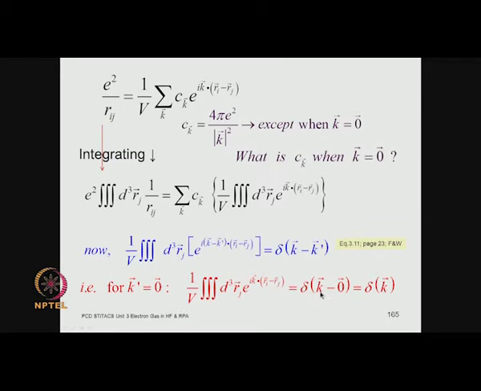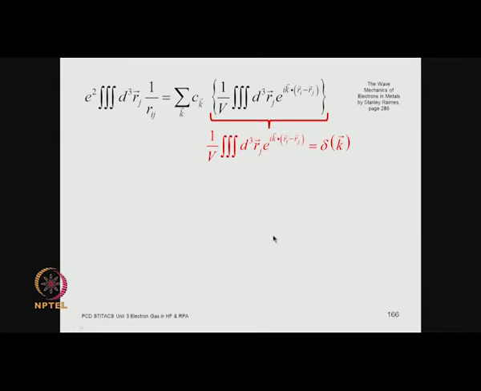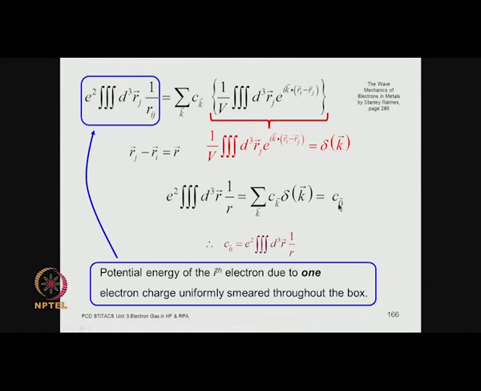So, this will be delta k minus k prime, but k prime is equal to 0. So, this becomes a delta function again, but not of k minus k prime, but delta of k, because k prime is equal to 0. So, this is our result here, that you have delta of k, and this means that the only term that will survive under this summation is the term corresponding to k equal to 0, right, which is C0. So, that is your coefficient C0 now.